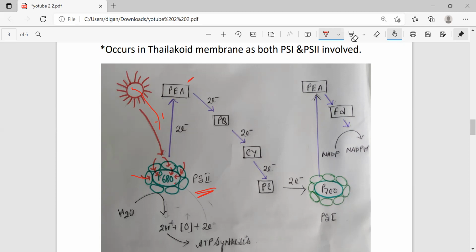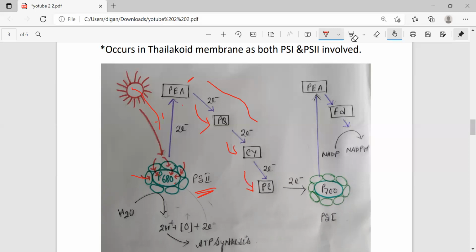Then electrons start to move in a downhill direction. From the primary electron acceptor, the electron is accepted by another electron carrier, which is plastoquinone. Then it goes to another carrier, which is cytochrome.